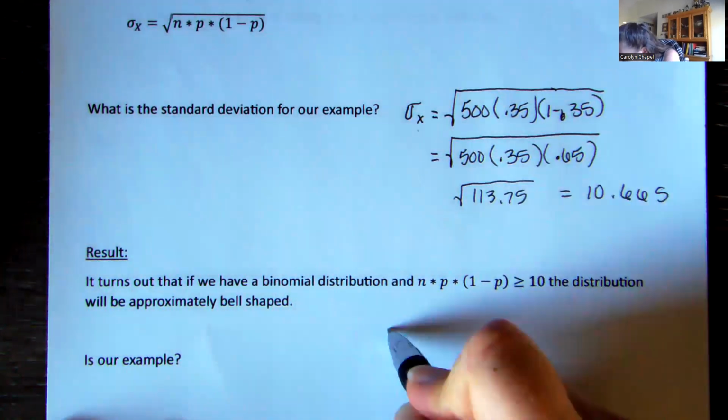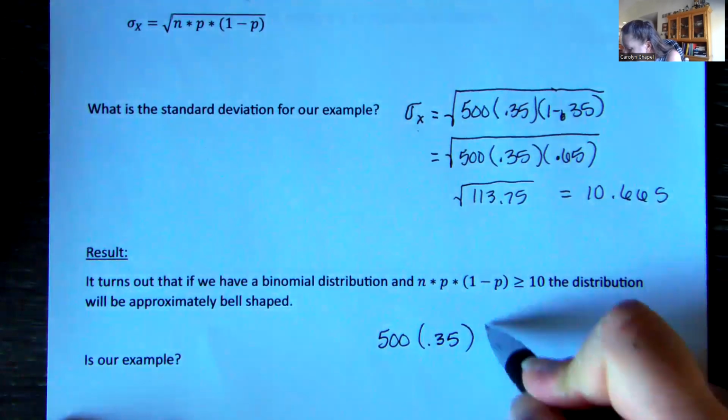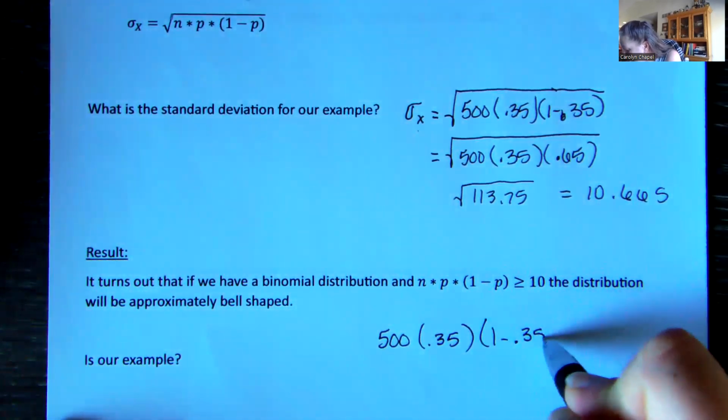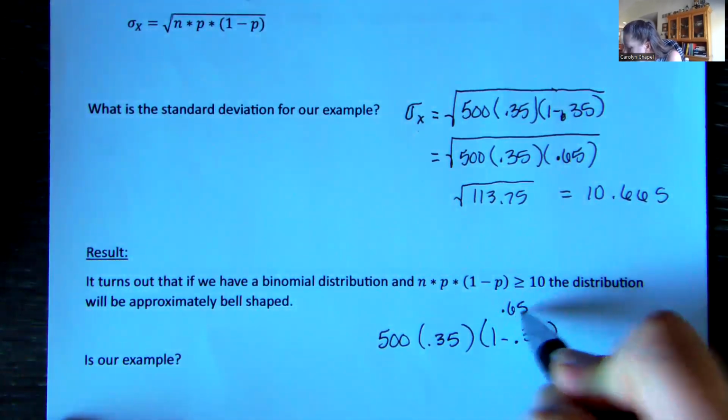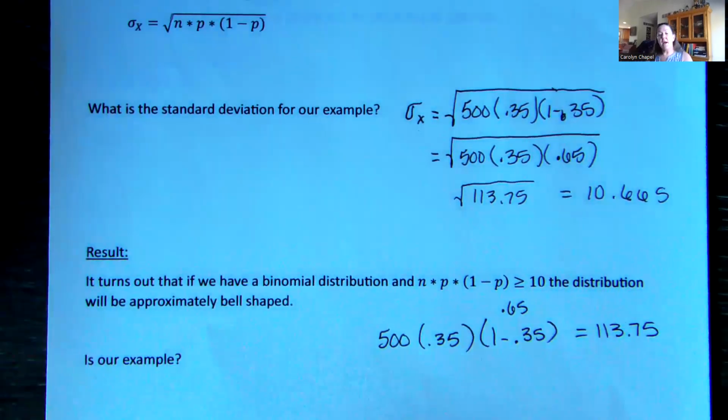So my 500 times my 0.35 times my 1 minus 0.35, which is 0.65, I got that 113.75. So my picture, if I were looking at StatCrunch, would be somewhat normal. You'd see that bell shape.